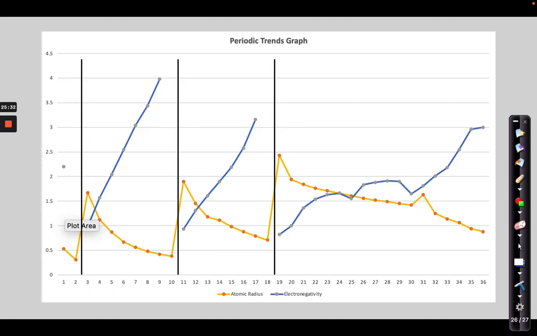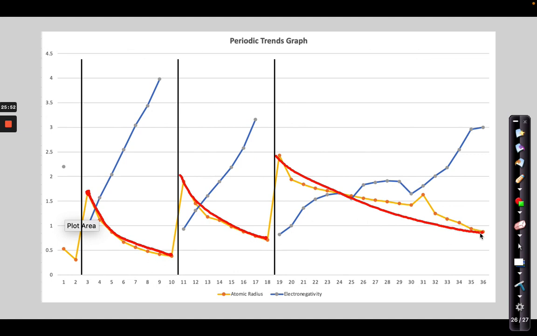Okay, guys, if we're looking at your graph, remember the yellow line is our atomic radius. Where is the trend across the period represented? Right here, as we see this going down, that's across my period. You can see that trend as it goes down.